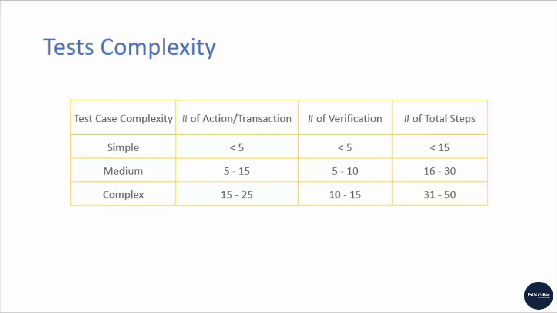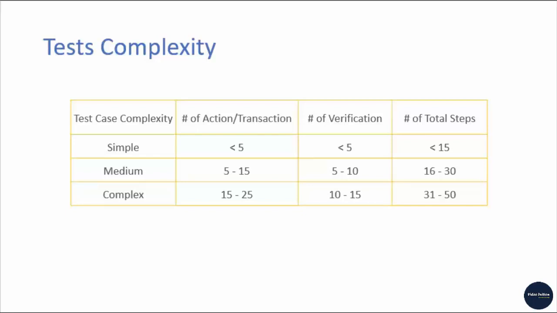First of all, test case complexities are divided into three categories: simple, medium and complex. When we analyze, we try to see how many transactions are involved, how many verification points there are, and how many steps in total there are in the given test case. Finding out the number of transactions, verification points and steps gives us the idea of putting the particular test case in the right bucket.